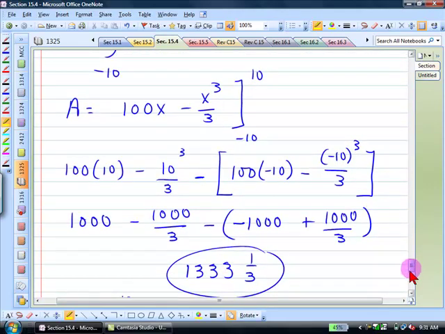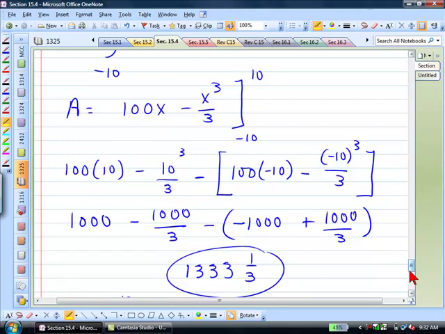It's a lot of fraction work, and you should get 1333 1/3. Is that part okay? Everybody all right with that? We're just taking the area under that parabola from negative 10 to 10.